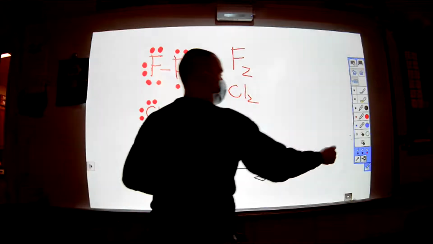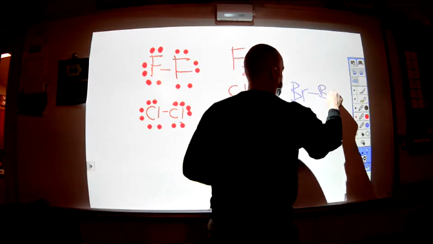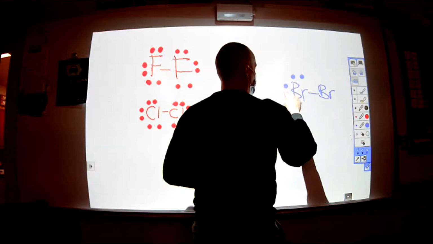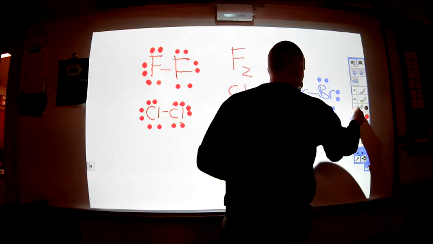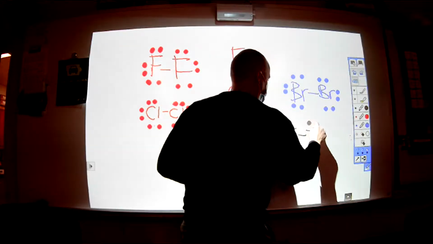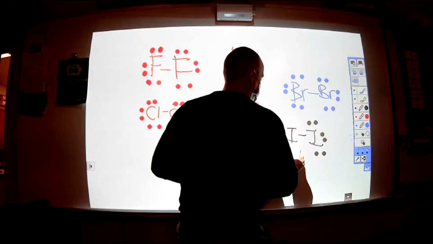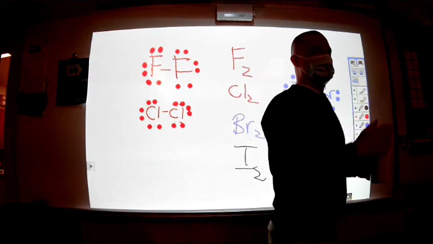What would bromine look like? It's going to be the same molecule. We have 14 electrons, singly bonded, and they've satisfied the octet rule. Iodine's going to look like this. There are no net dipoles.